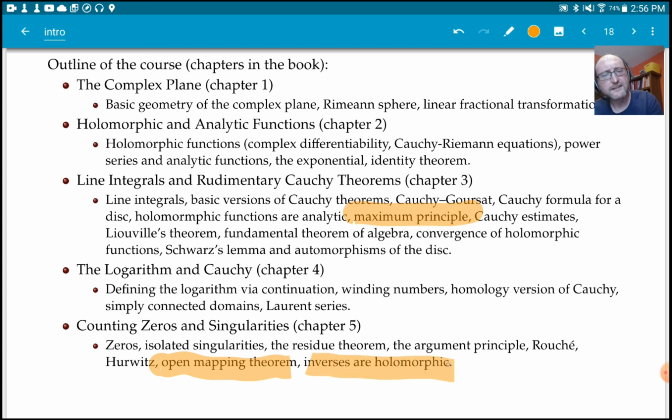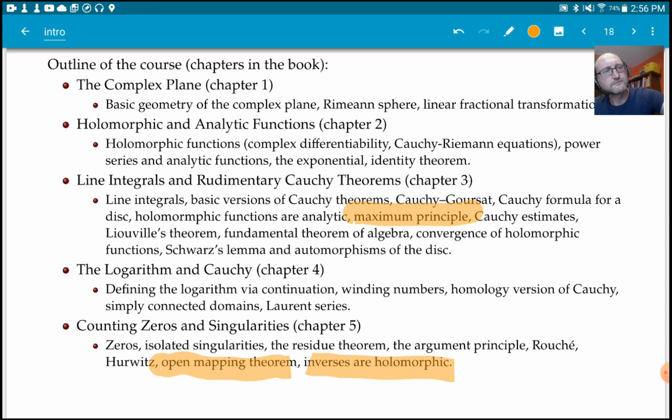We also get that inverses are automatically holomorphic. You don't need to apply the inverse function theorem, or you could think of it as an inverse function theorem for holomorphic functions. It doesn't require the derivative to be non-zero. You get it automatically if you have a one-to-one function.